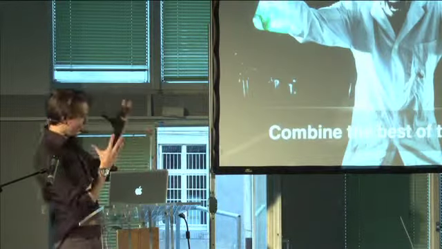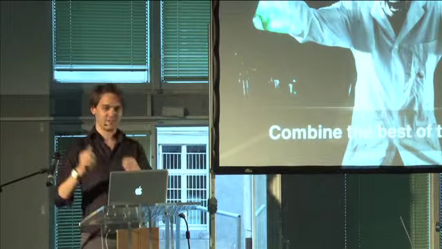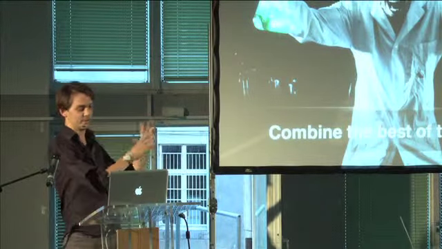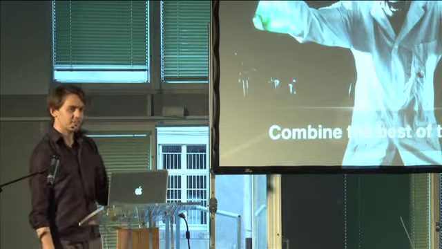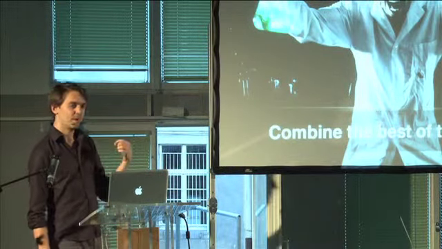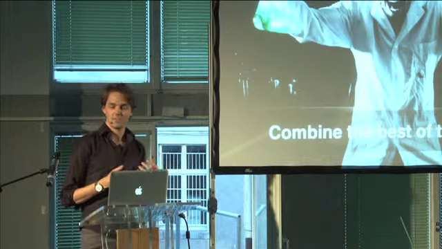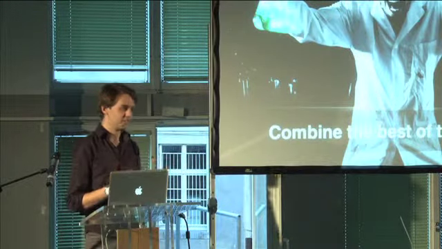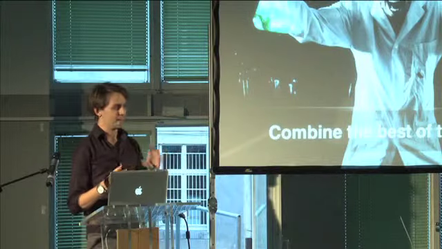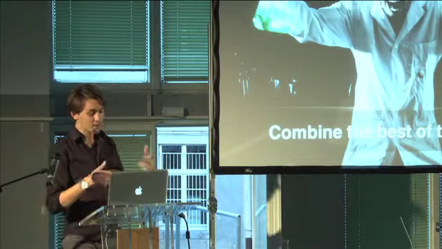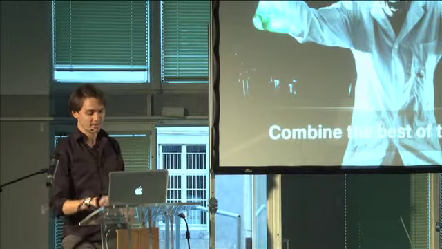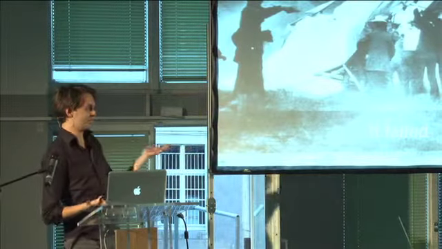So let's combine the best of two worlds, type inference and a tiny, very useful language. And the idea was good, but the problem was that there are some features in JavaScript that you can't really infer at compile time. So the project was bound to fail.